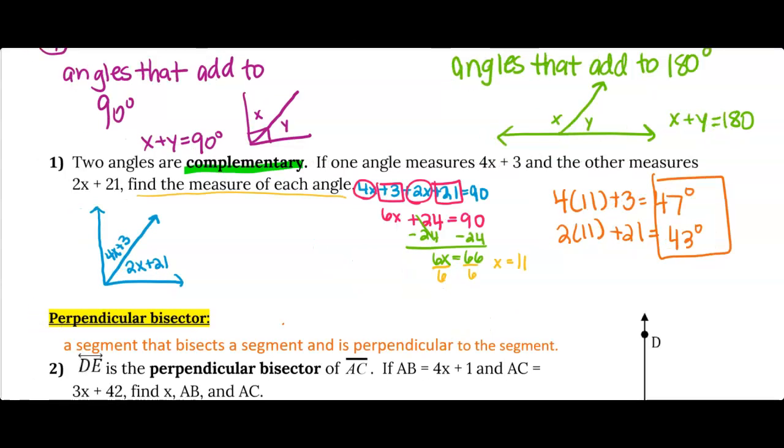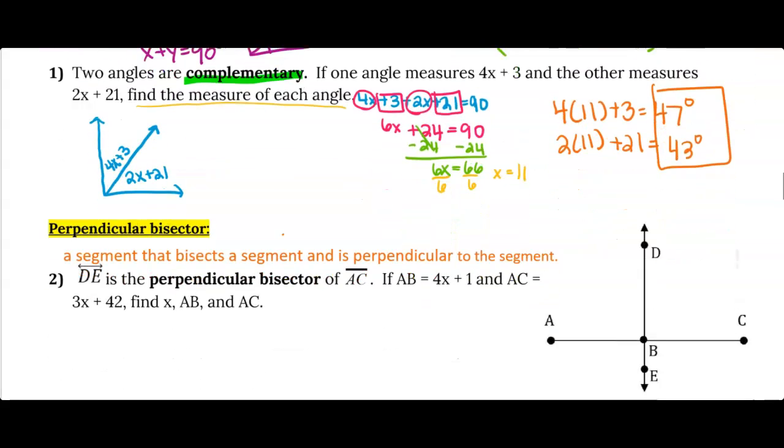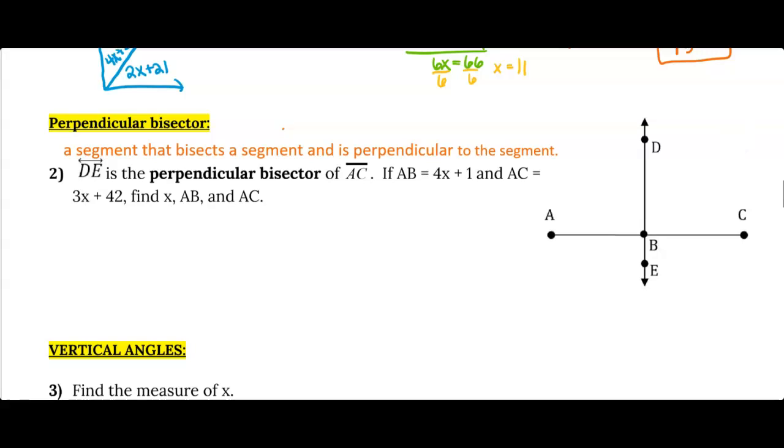A perpendicular bisector is just a segment that bisects a segment and is perpendicular to the segment. So when we look at this example 2 here, line DE is the perpendicular bisector of segment AC. If the length of AB is 4x plus 1 and AC is 3x plus 42, find the length of AB and the length of AC.